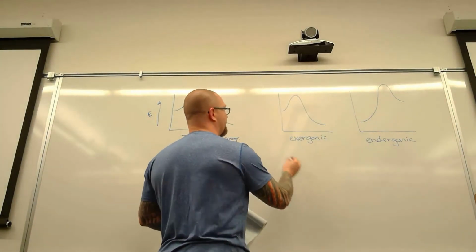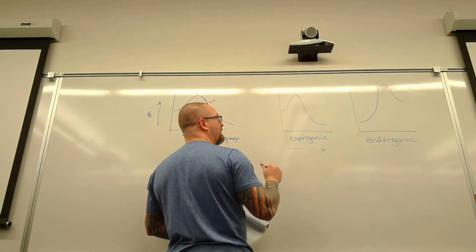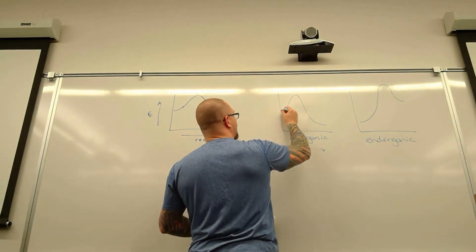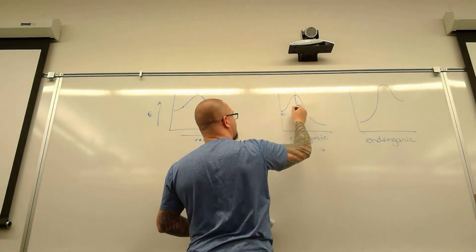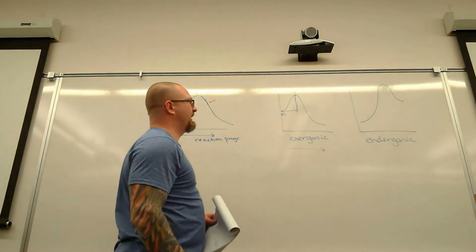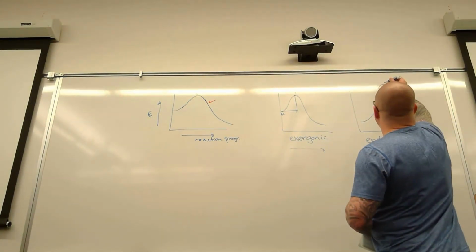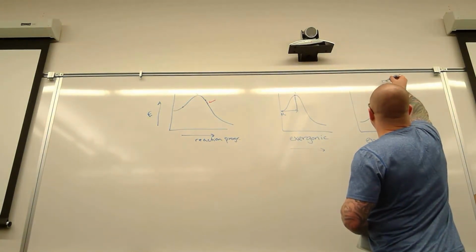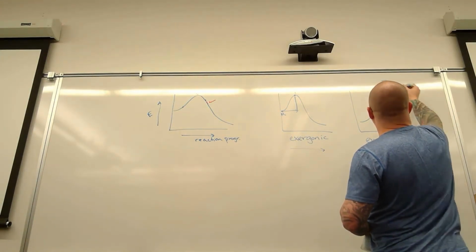If we look at the distance of the reaction progressing coordinate, and we go from the reactant to the transition state, we've only traveled this far in terms of the path of the reaction. We go from transition state to product in the endergonic reaction.